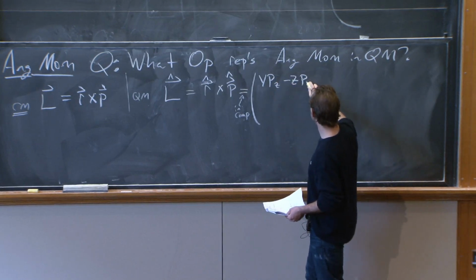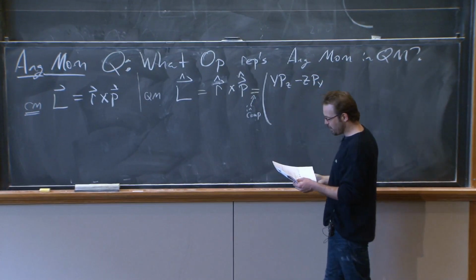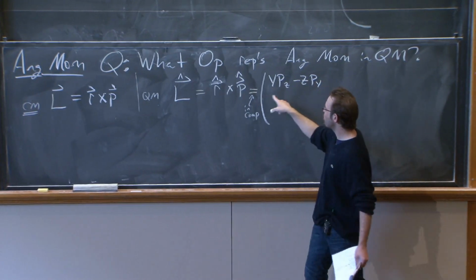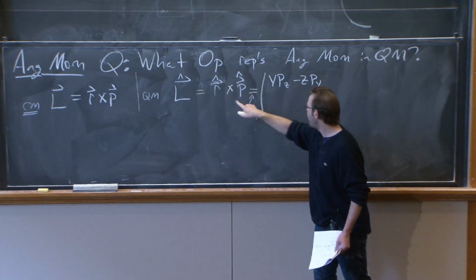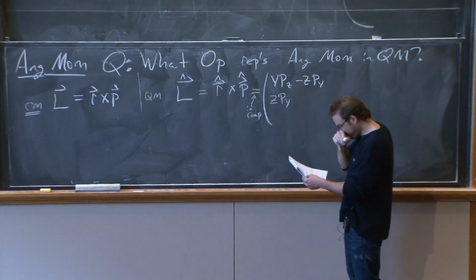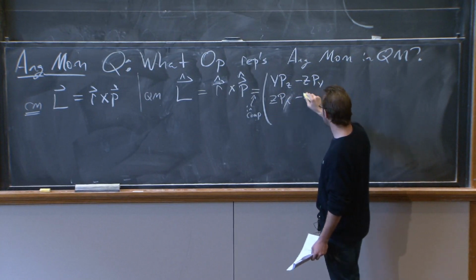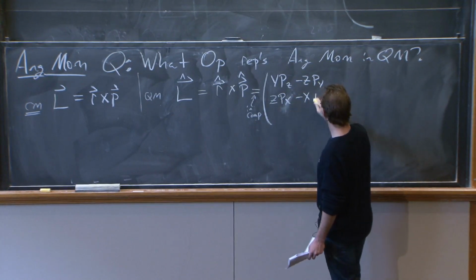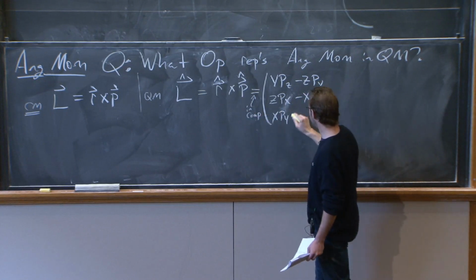And that's the x component of the curl. And similarly, the way to remember this is that it's cyclic: x, y, z, y, z, x. So Ly is z px minus x pz. And now we have Lz, x py minus y px.